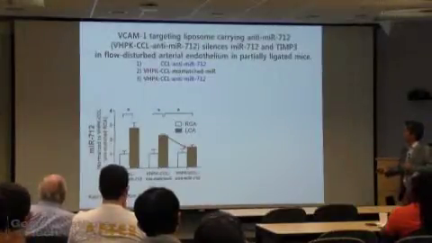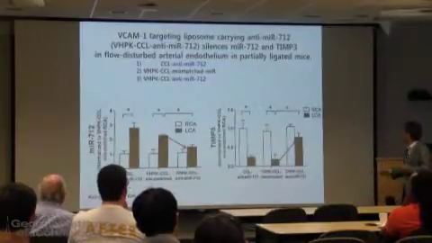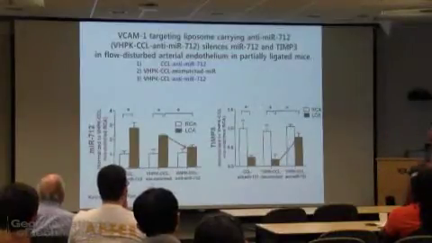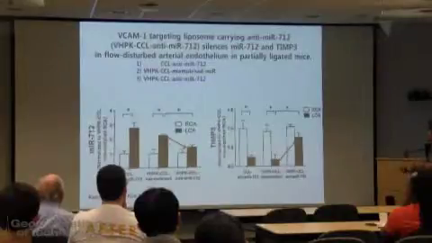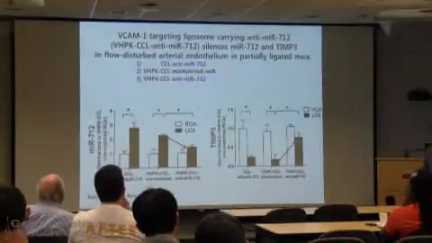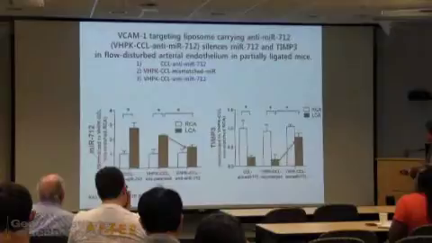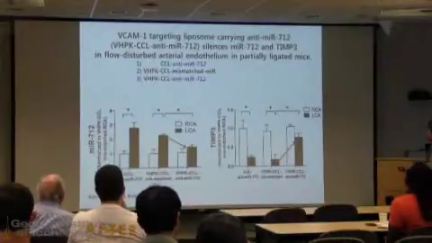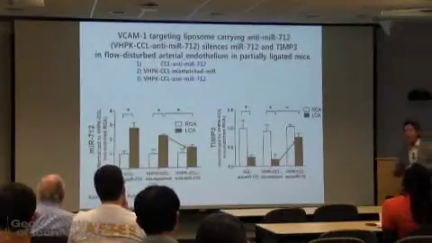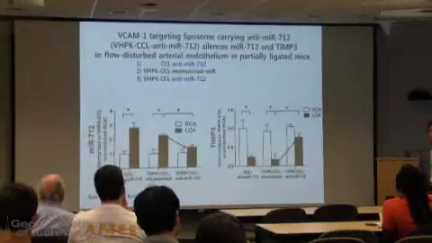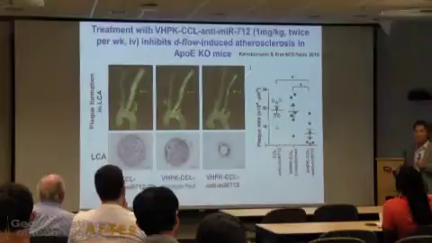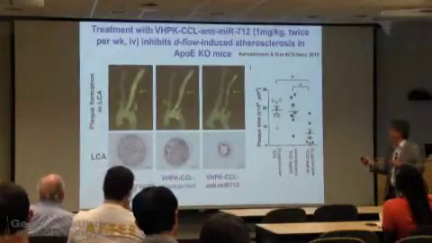Not only did MIO-712 level change, its downstream gene target called TIMP3 actually gets rescued. As I told you, TIMP3 level drops in flow-disturbed areas, and this can be rescued by treating animals with VCAM1 targeting anti-MIO-712. So this was our final experiment using our nanoparticle.